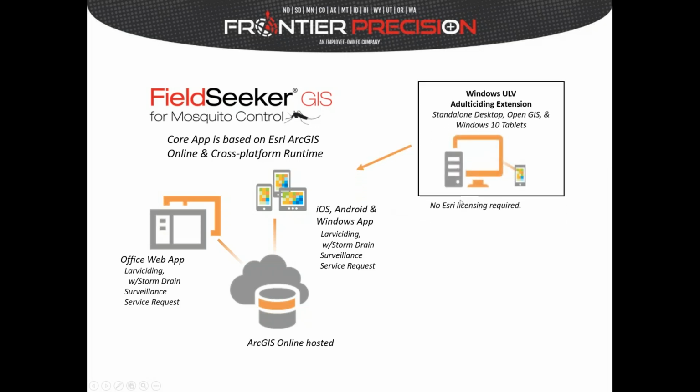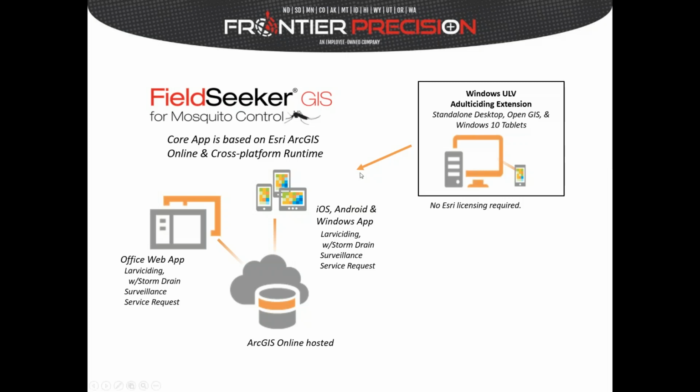If you want to do adulticiding, you can add the Windows ULV adulticiding extension. It is a standalone desktop system based on OpenGIS technology, so it doesn't require any Esri licensing, but it's totally compatible with the FieldSeeker Core app.